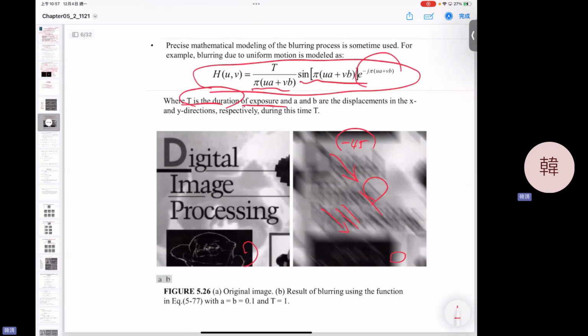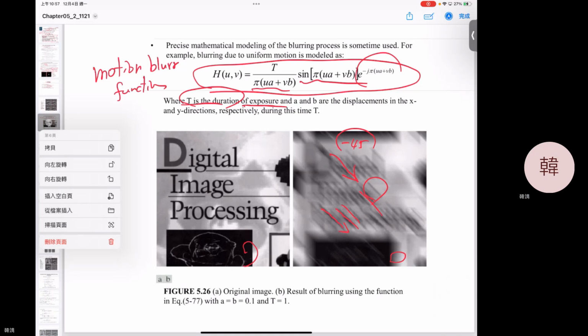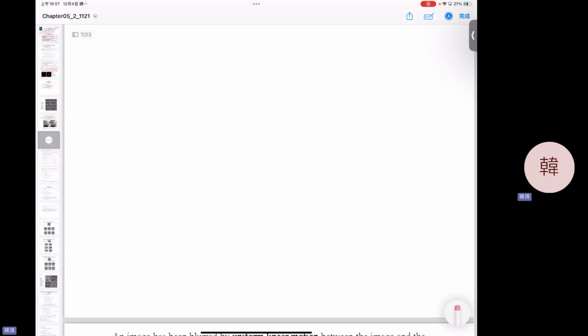So we are going to look at what the motion blur function is. Let's define this one.